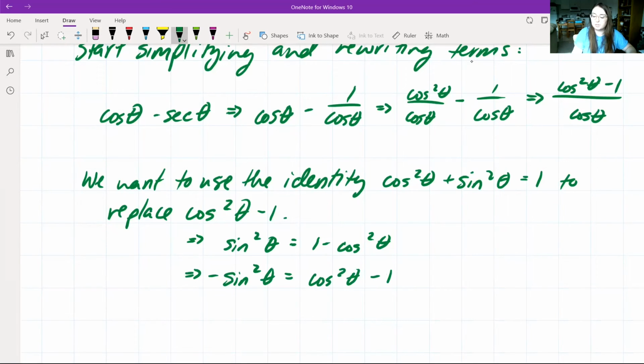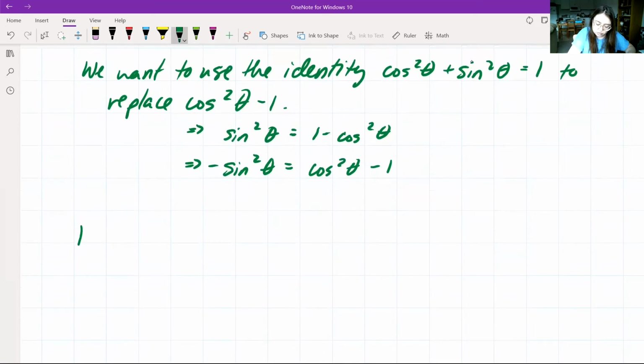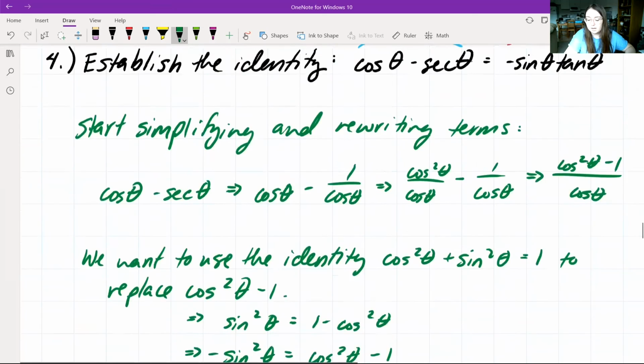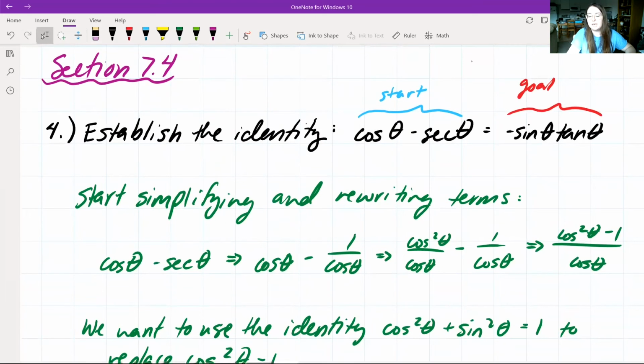So we can replace cosine squared of theta minus 1 with negative sine squared of theta, to get negative sine squared of theta divided by cosine of theta. And remember, our goal is to get negative sine of theta times tangent of theta. We do have a negative sine theta, we just have a negative sine theta squared.